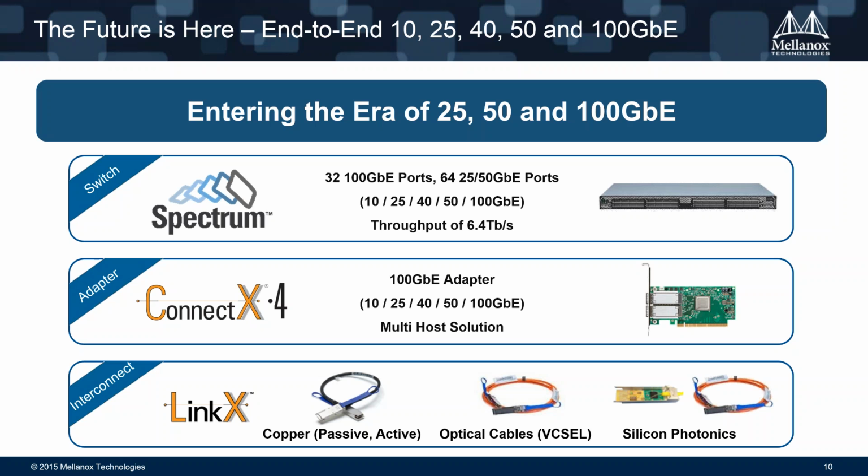The 100 solution includes our Spectrum switch that can support all the speeds, including 10, 25, 40, 50, and 100, with non-blocking 6.4 terabit per second throughput. Our recent NIC, the ConnectX-3, can support the same speeds, and to complement it, we also have the cables, because running 100 gig per second is not trivial.